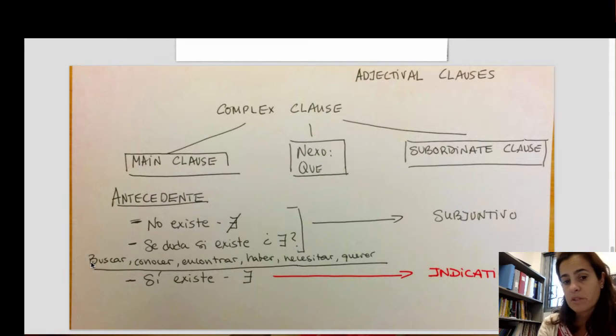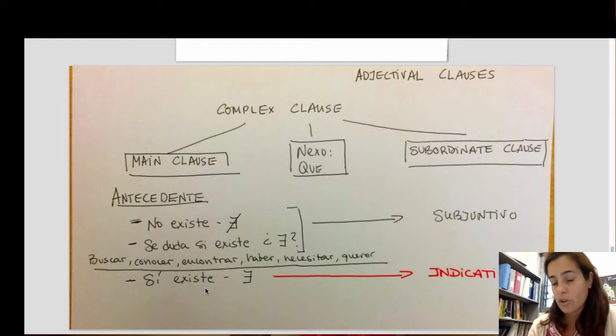Some common verbs used in this type of sentence son buscar, conocer, encontrar, haber, necesitar, o querer. However, if the antecedent exists, the speaker believes that it exists or knows that it exists, then we'll use an indicative. So remember, busco. Remember the advertisement we did for Pedrito in the newspaper when he was looking for a girlfriend? Oh, we were looking for a girlfriend for him.